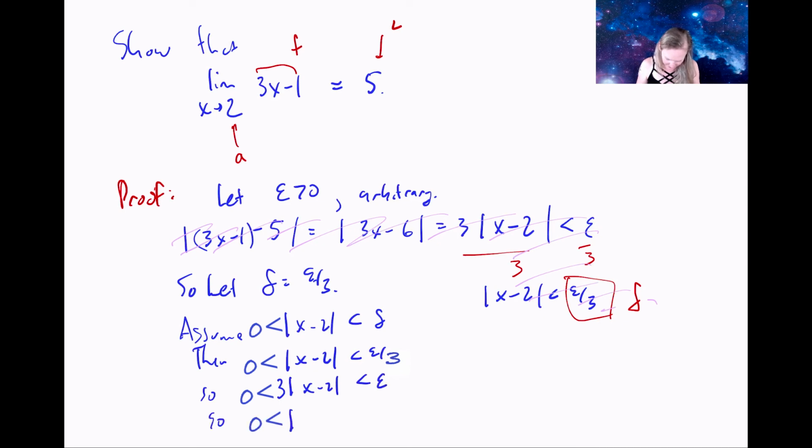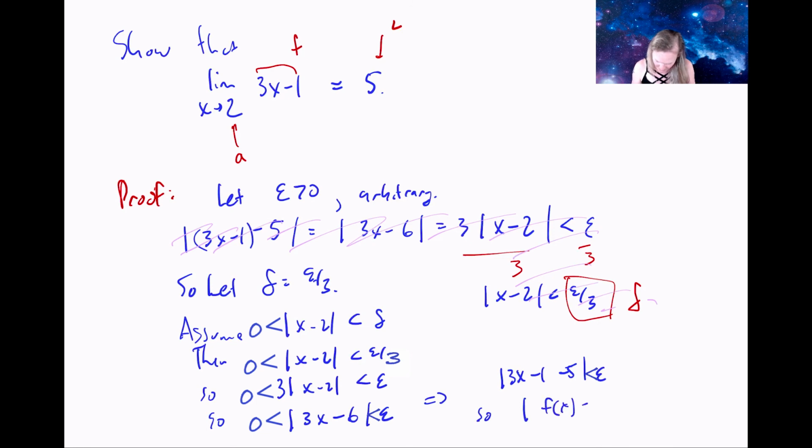So absolute value of 3x minus 6 is less than epsilon. Therefore, the absolute value of 3x minus 1 minus 5 is less than epsilon. So the absolute value of f of x minus L is less than epsilon. And then I draw a little box, and that little box there shows that I'm done.